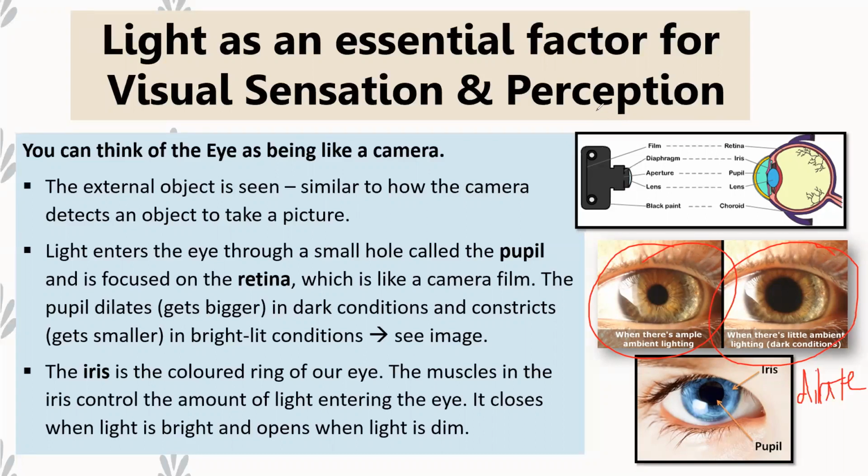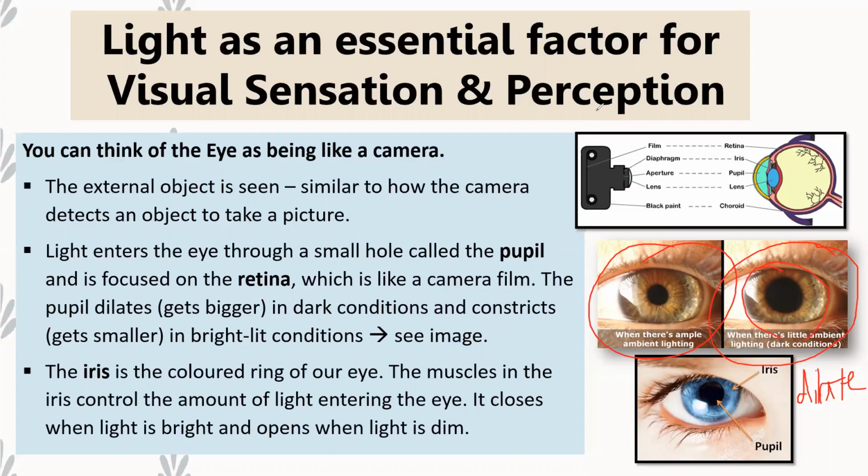And similar to before, when there's enough light and we don't need as much light coming in, and it's nice and bright outside, the iris closes, and that means that the pupil doesn't have to dilate too much. And when there's not enough light coming in or it's a little bit dim, the iris opens up, which also opens up the possibility for the pupil to get bigger as well.